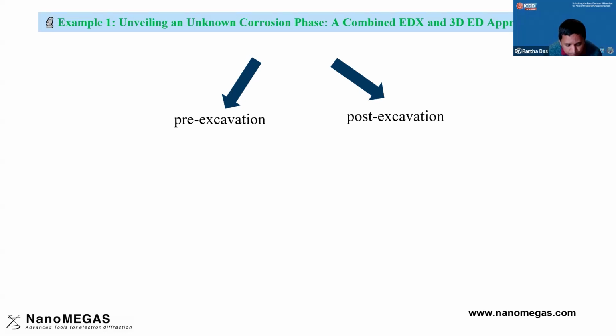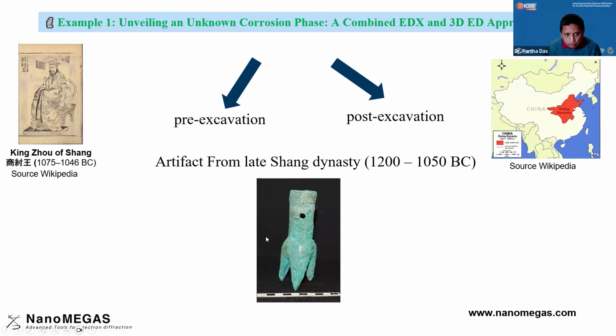The first example comes from a sample which I received from a collaborator from the British Museum. This sample is from one of their displays. The sample was excavated some years before, and the corrosion, as you know, if you have done any analysis with corrosion products, can be of two types.